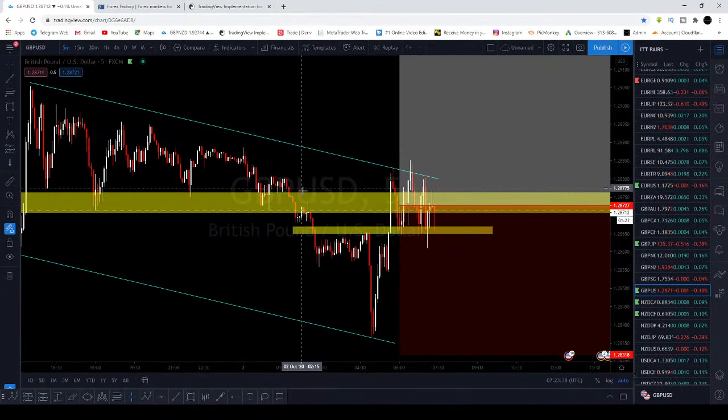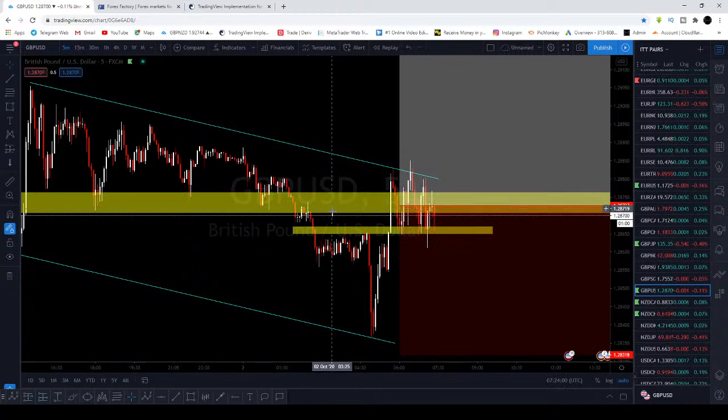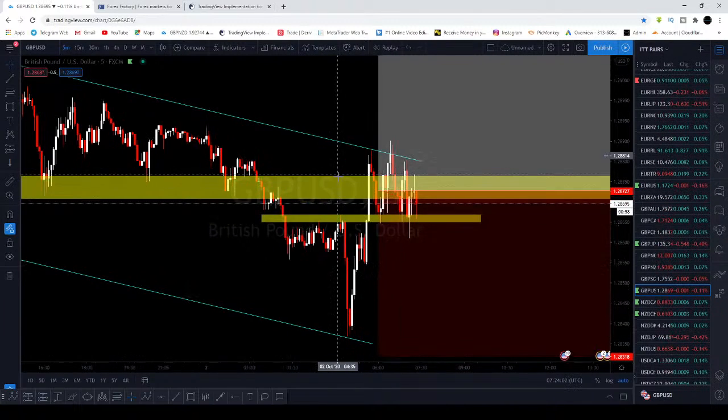Once it breaks out, definitely it's gonna continue to the upside. So let's try to see in a few minutes or few hours for this particular trade to continue going up, because that's what I'm expecting GBP USD to do, right?